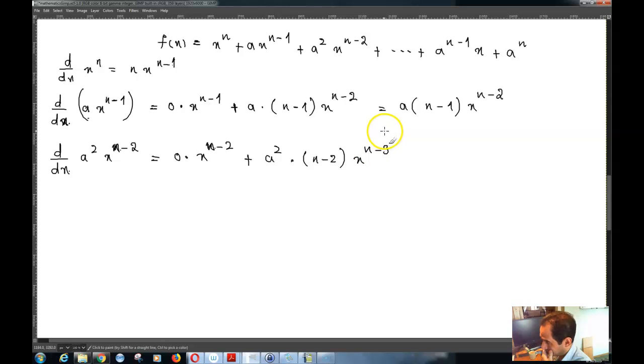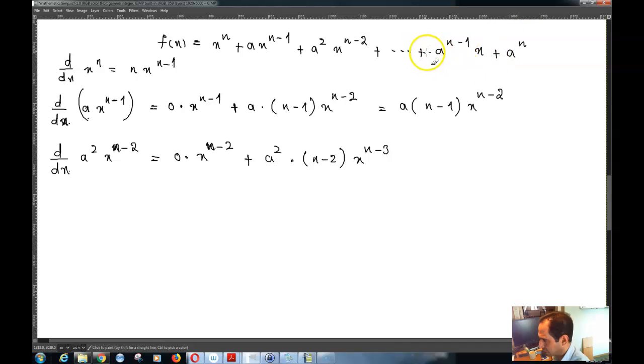And so you can just keep going and the same thing will happen. And then when you get to basically the derivative of this last term, it's a constant function, it's going to be equal to 0.